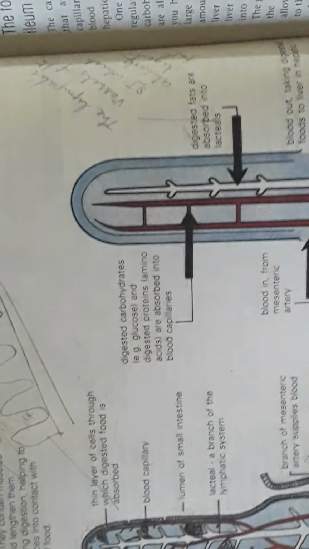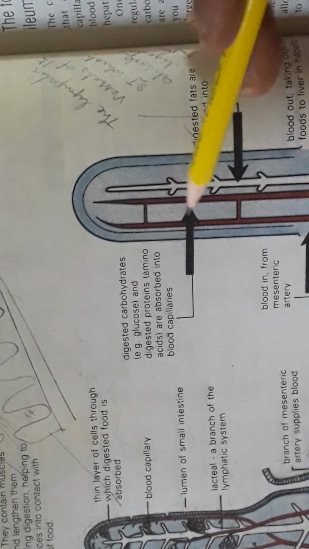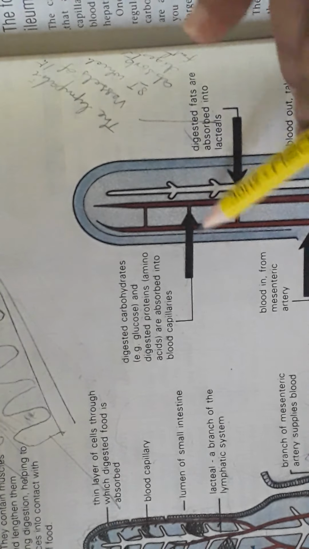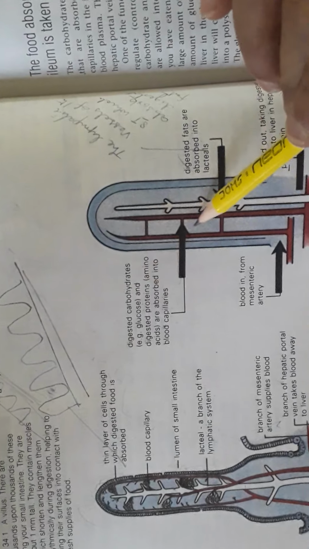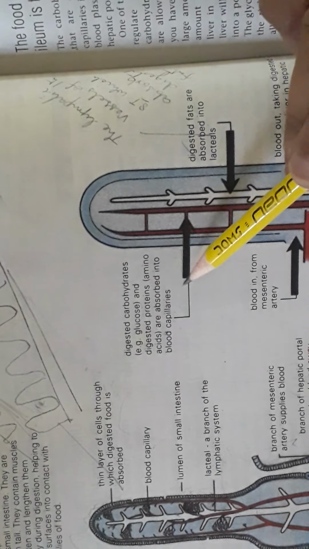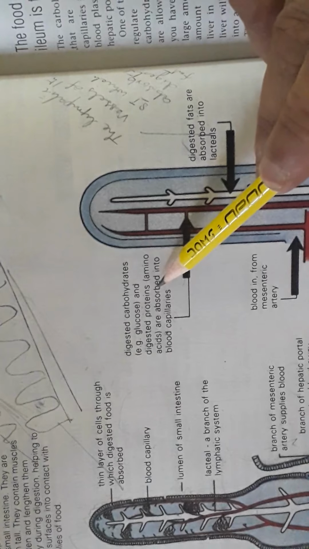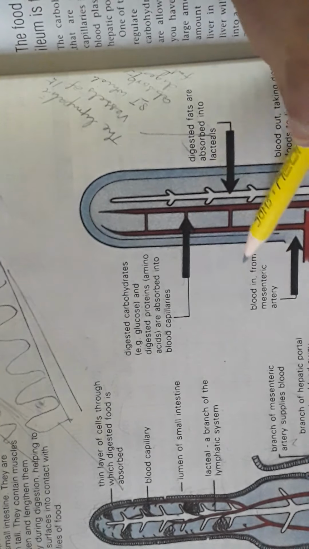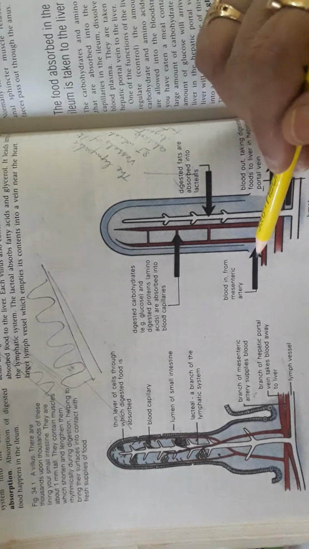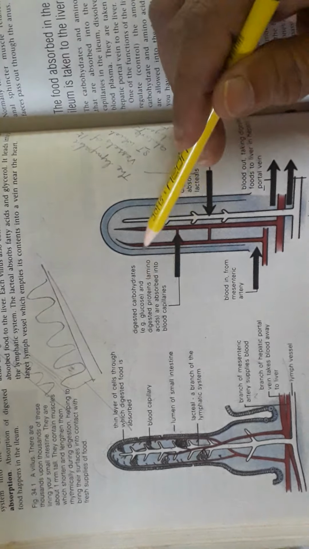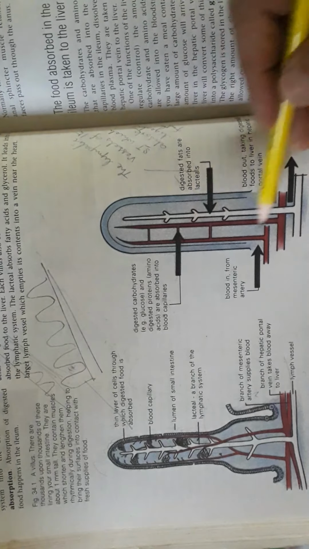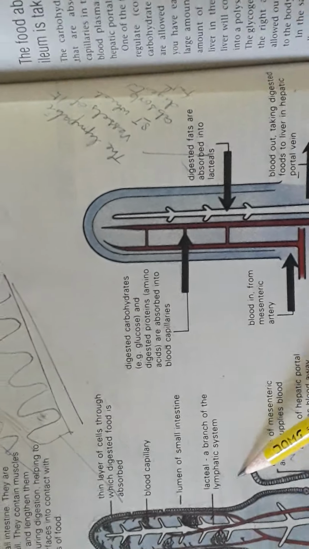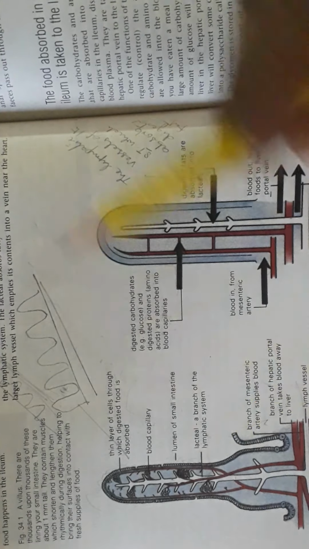Glucose is the smallest compound of carbohydrate, and the amino acid is the smallest part of protein. These two are taken by the blood, from the mesenteric artery, and from here the blood will take them to all cells. Here you see the white one, that branch of the lymphatic system called the lacteal.